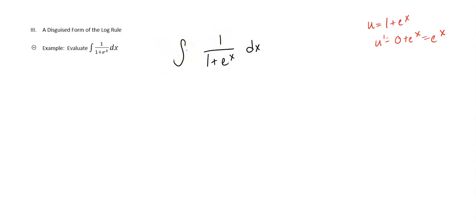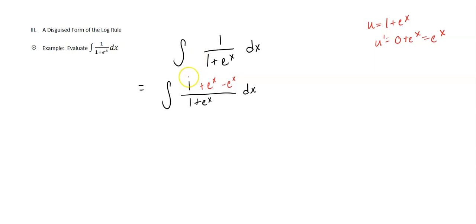What we can do is add and subtract the same thing on the inside of the integral. So what I'm going to do is add e to the x and subtract e to the x. By doing that, I haven't changed anything about the integral.